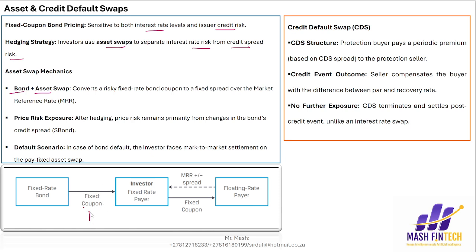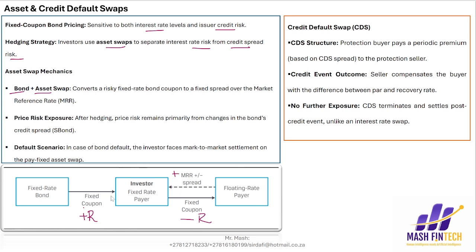Let's say this coupon is R. So the investor receives this coupon and then enters into this pay fixed swap, where the investor is going to pay a fixed rate and then is going to receive this market reference rate plus a particular spread.